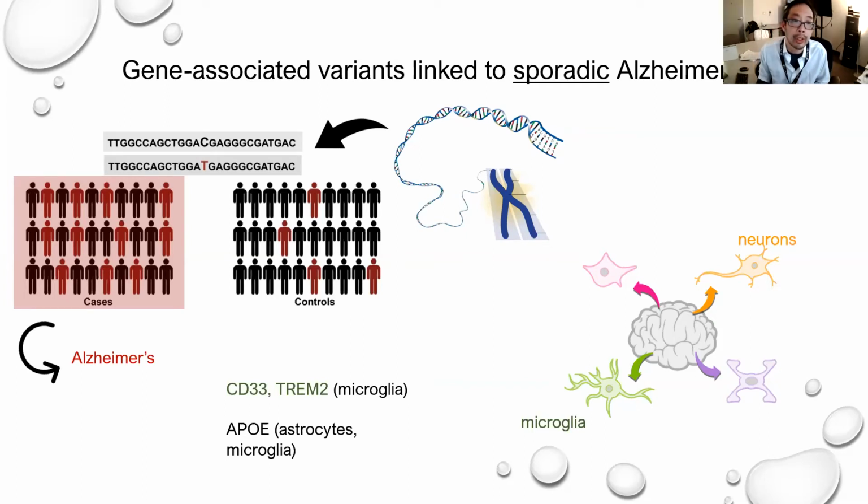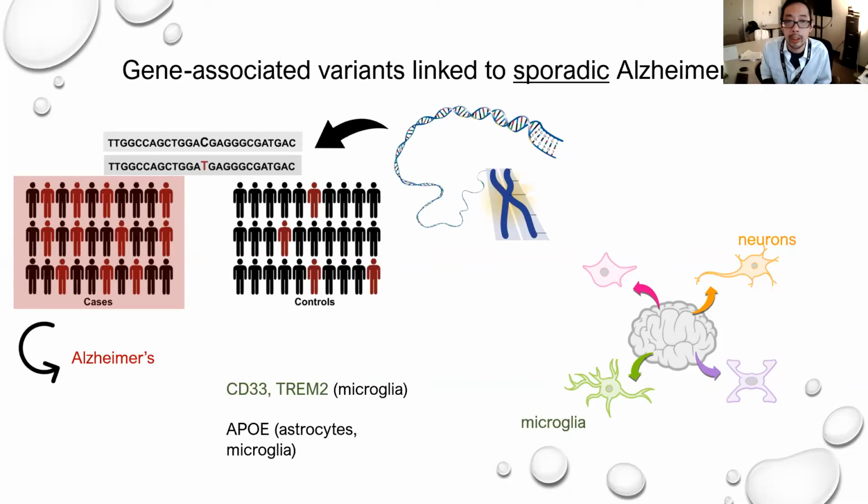So for example, I might have a T at gene X or nearby gene X, whereas another individual might have a C. That enables us to ask the question whether there are more T carriers that have Alzheimer's disease compared to individuals that don't have Alzheimer's disease.